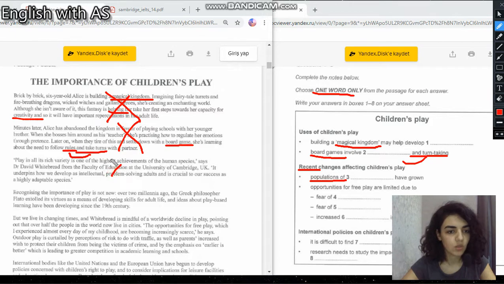I don't need this one because there's nothing about recent changes or population. Here it's talking about 19th centuries, but I need something new, recent changes. And here we have "live", which is present simple and which can be similar to recent changes, something now, something in present. Now worldwide decline in play, pointing out that over.